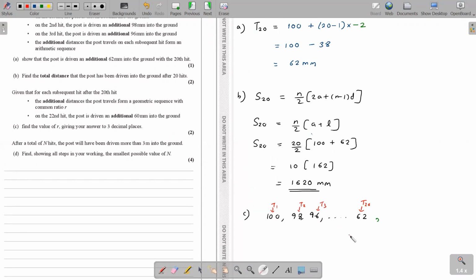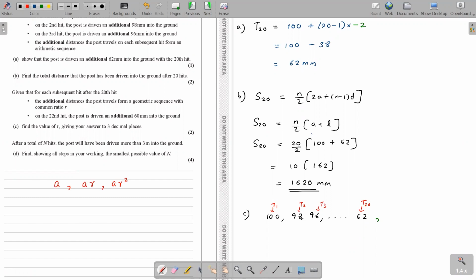We take the common difference and add it to the previous term. That's how arithmetic works. In geometric, we have a common ratio called R. We multiply the common ratio with the previous term. Do you remember? First term is A, second term is AR, next term is AR square. That means we multiply the previous term with the common ratio.